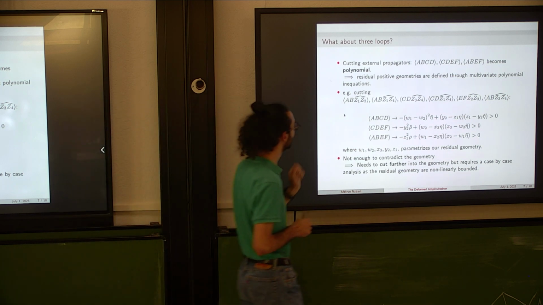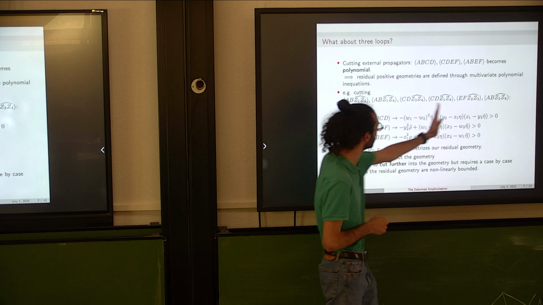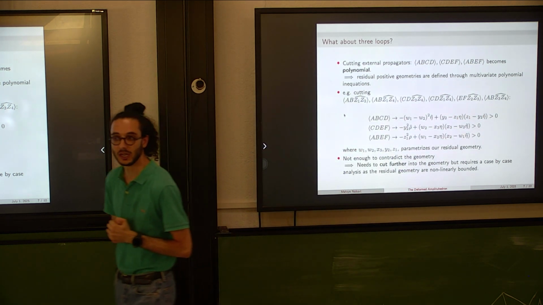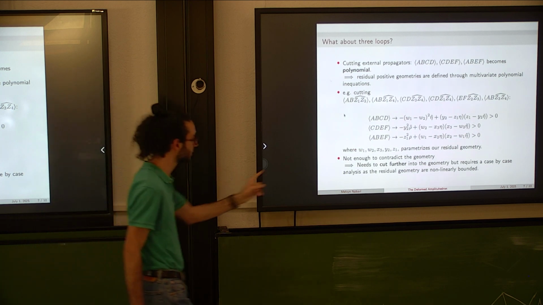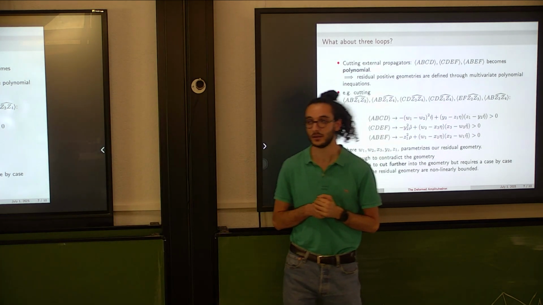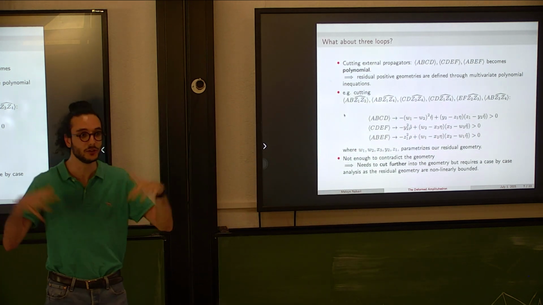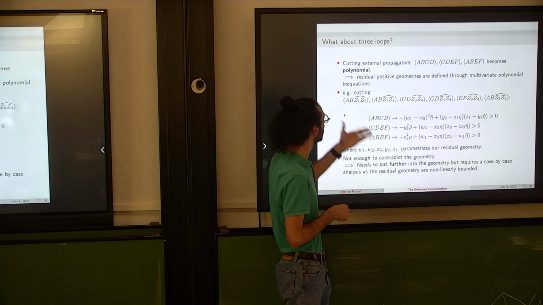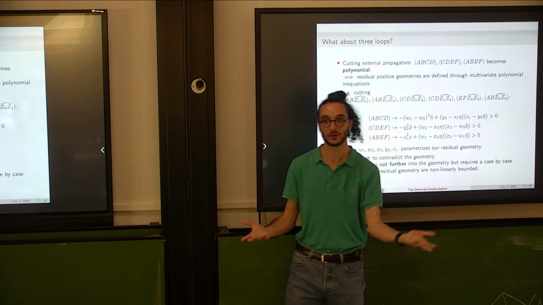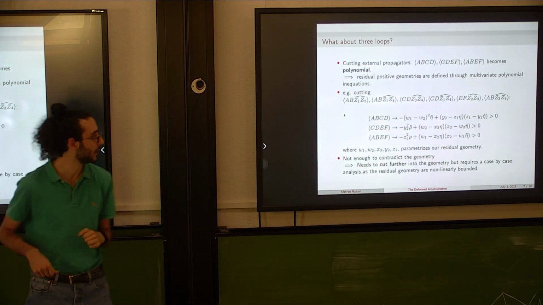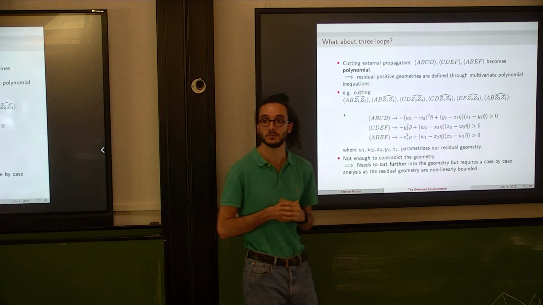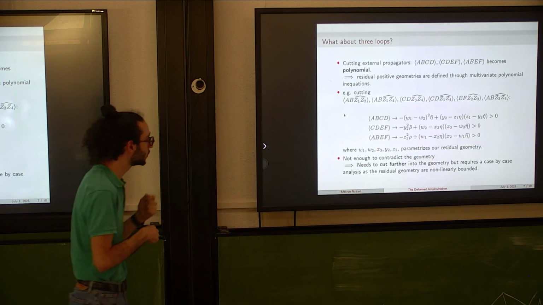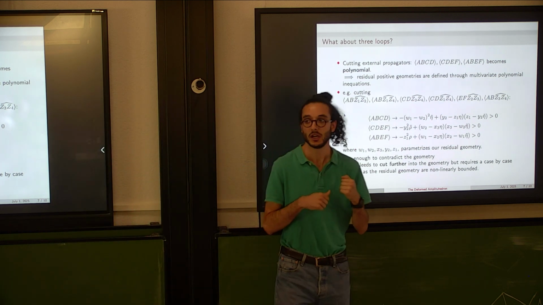If I take, for instance, ABZ1, all this external data, and I look at the mutual positivity condition, I end up with quadratics in each variable that define the remaining induced geometry on this residue. Then we want to see if the term corresponding to this cut is allowed or not in our numerator, and we need to cut this mutual positivity condition further.